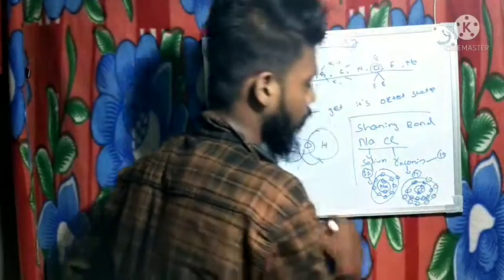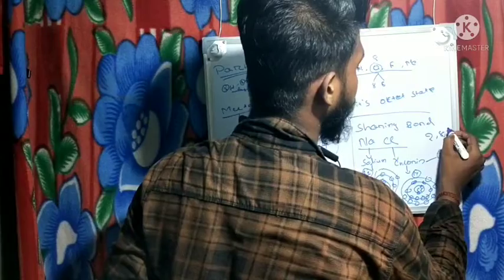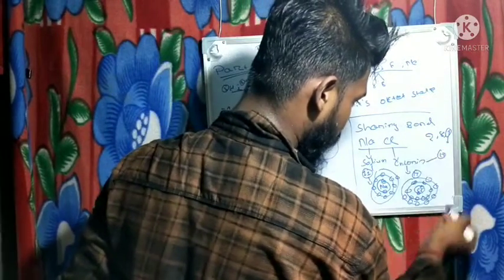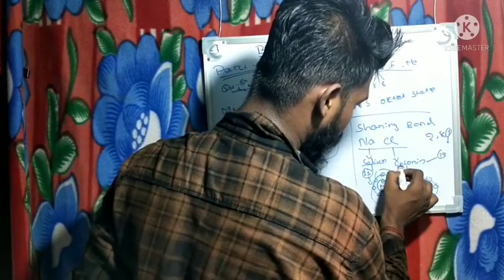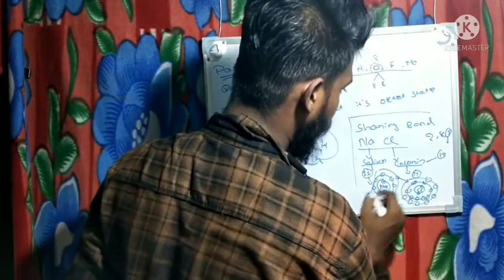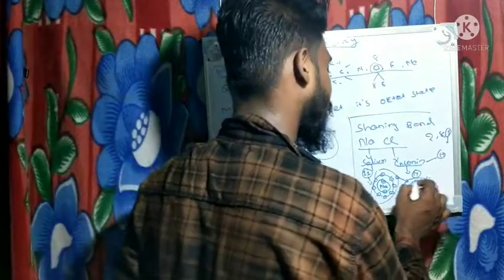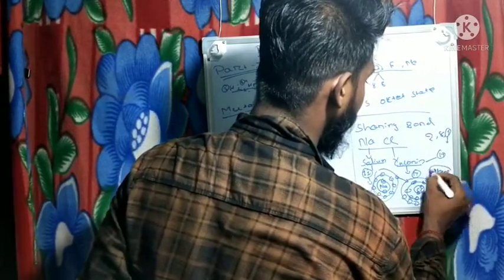The first cell takes 2, the second cell 8, and the last cell 7. The last cell with 7 is incomplete, so it wants one more electron. So the extra electron from sodium goes to the vacant space of chlorine. Now Na is oxidized as well as Cl is reduced, and that's the final formation of NaCl.